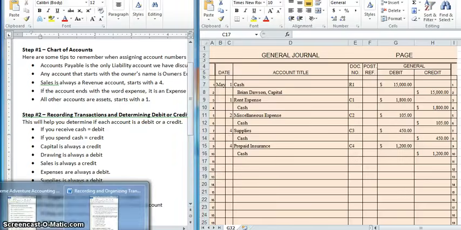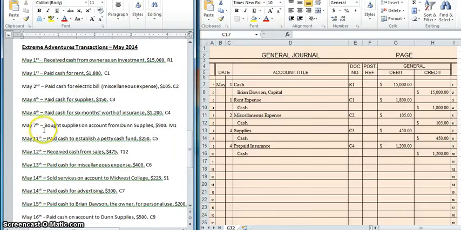So for this transaction, we are the one that's buying the supplies. May 7th, it says bought supplies on account from Dunn Supplies, $900. So we purchase supplies. That is our debit, because supplies are always a debit. And M1 was our document number. We bought $900 worth.